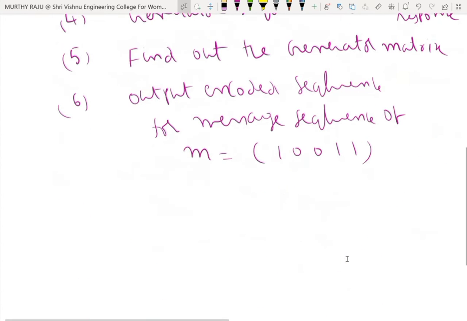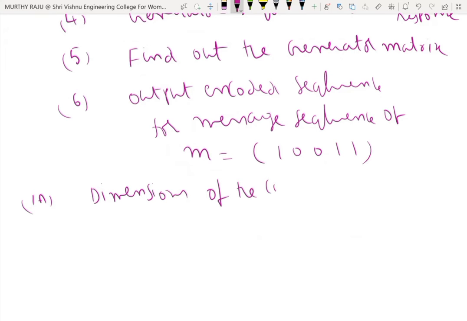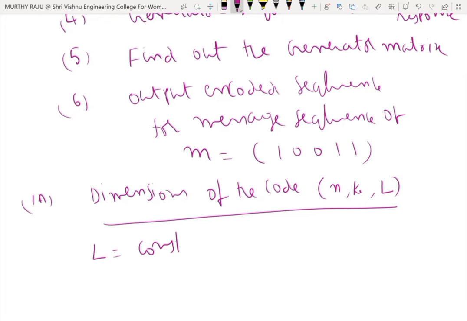First one is the dimensions of the code. Dimensions of the code is represented by small n, comma, small k, comma, capital L, where capital L is called the constraint length of the convolutional encoder.